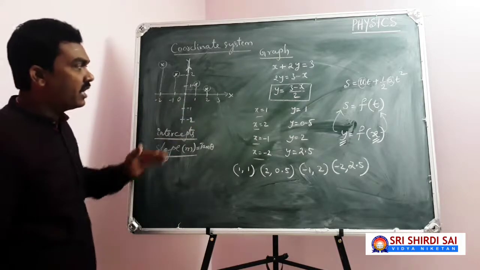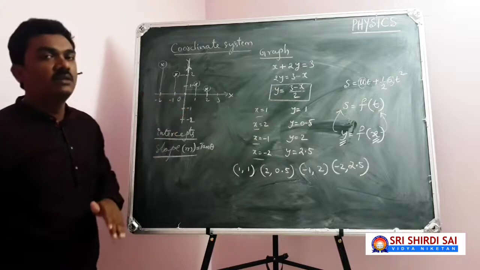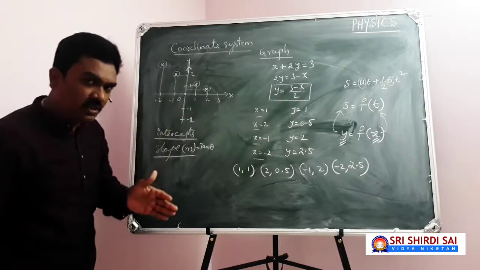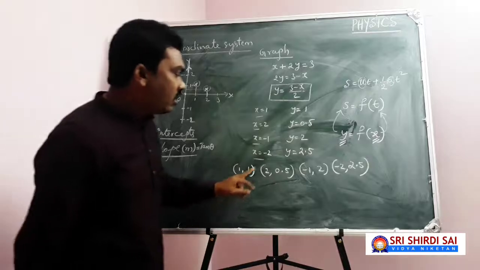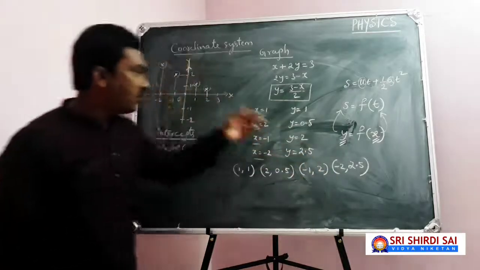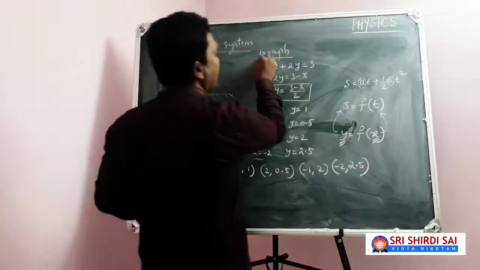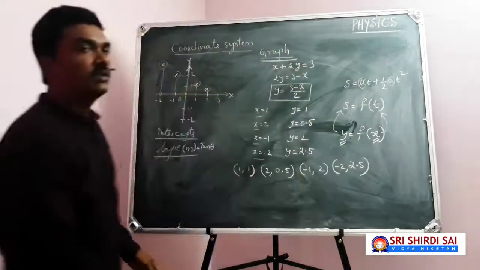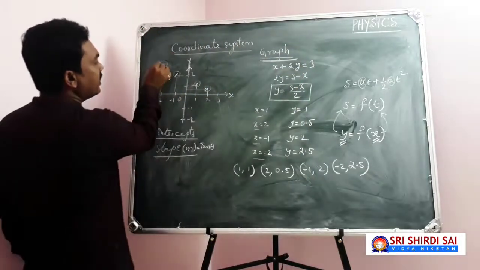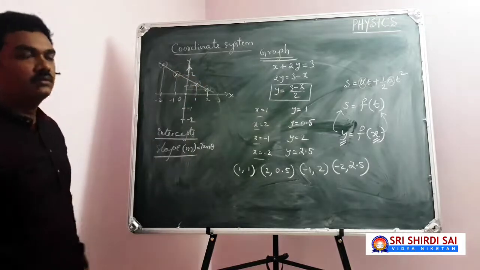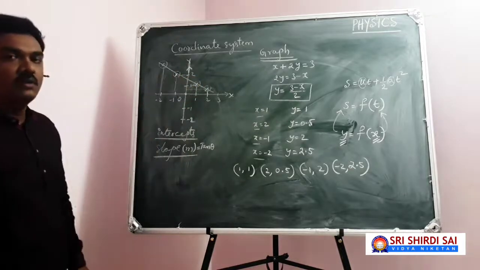But whatever the diagrammatic representation, whatever the shape that is obtained on joining all these ordered pairs' locations in the coordinate system, we call it a graph. Of course, here it will be a straight line like this. This is a straight line.